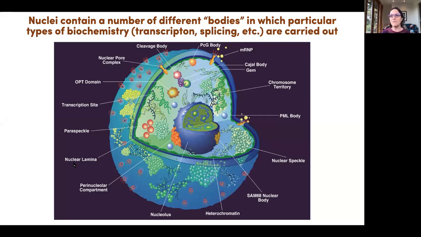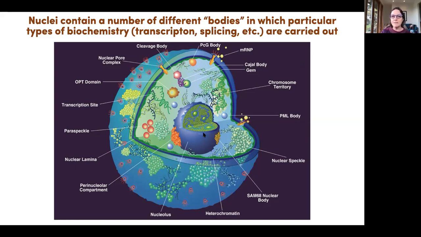And I left off with just a quick mention that nuclei are actually filled with a bunch of different little bodies that were sort of discovered by making antibodies to proteins that people were studying and using them to stain cells. And many of these antibodies wound up lighting up little globules inside the nucleus.